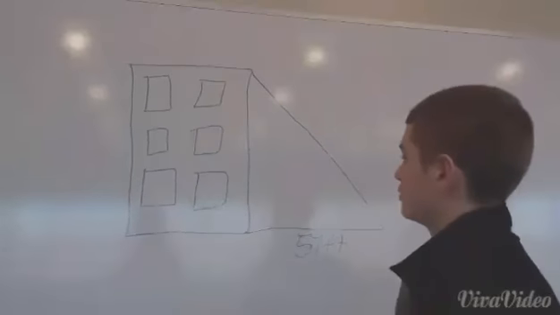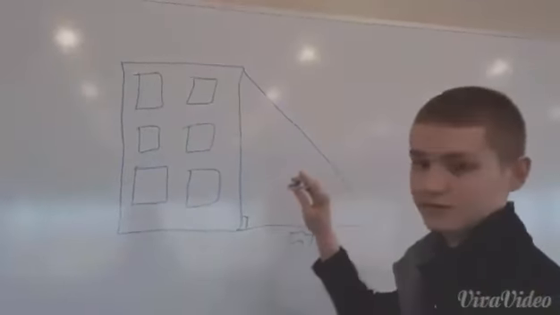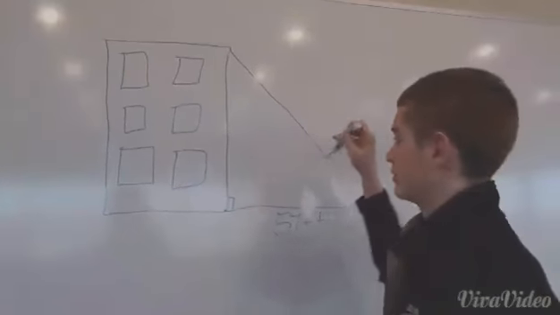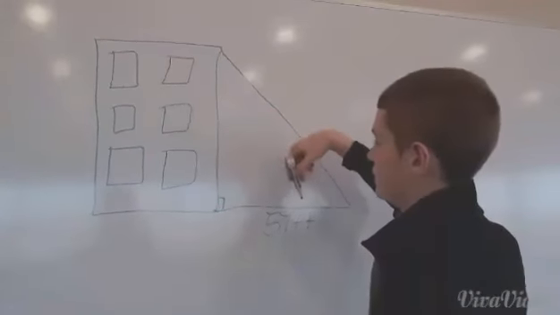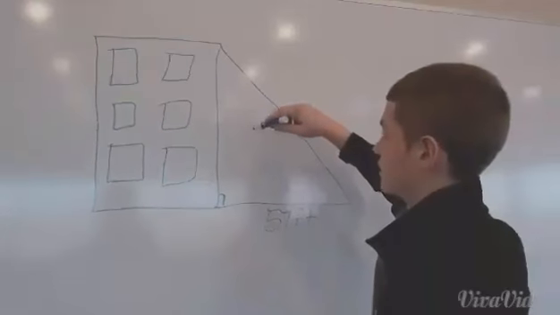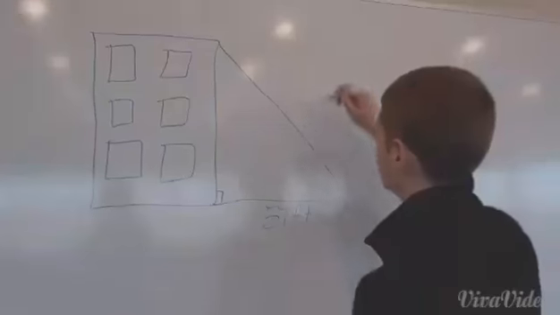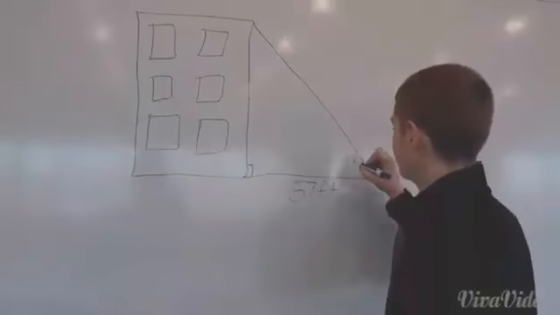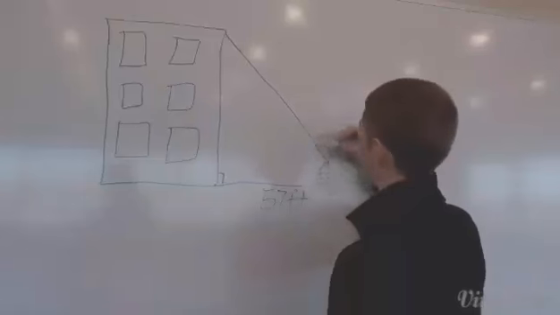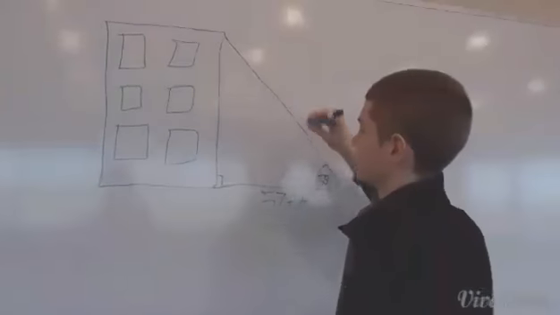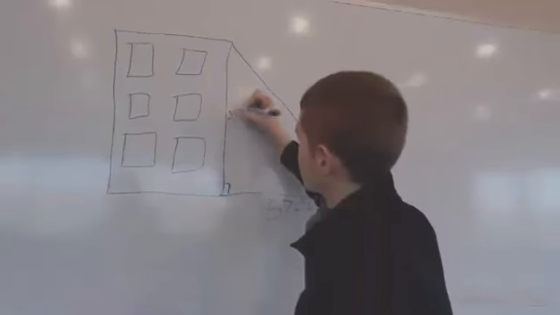What we have to use is tangent to find the height of the building, as it's the opposite and the adjacent leg. And so we're looking at a 55-degree angle towards the top of the building. If we want to find the height, this would be the height right here. And so this is x.